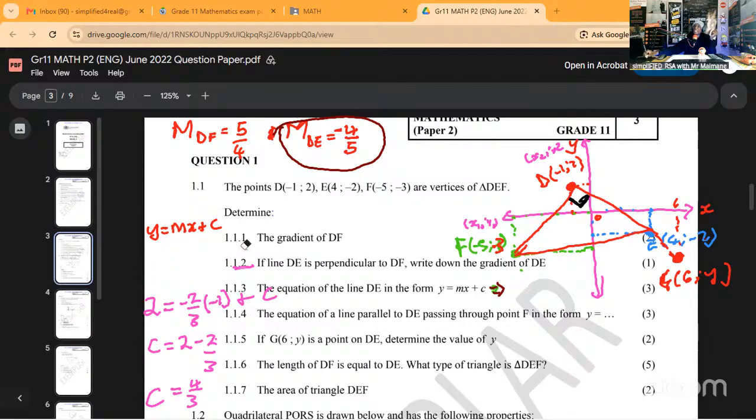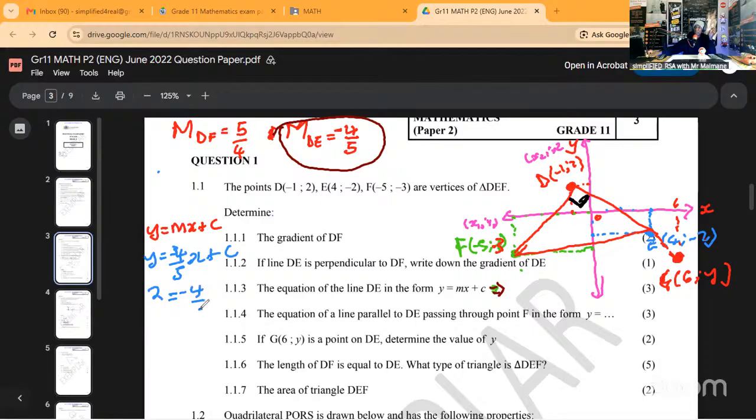I think after changing our gradient, that changes our entire value of C as well. Let me get the value of C as quickly as I can. So Y is equals to minus 4 over 5 X plus C. Therefore, C would be, I'll take 2 minus 4 over 5 times minus 1, plus C. Therefore, C is going to be 2 minus 4 over 5.